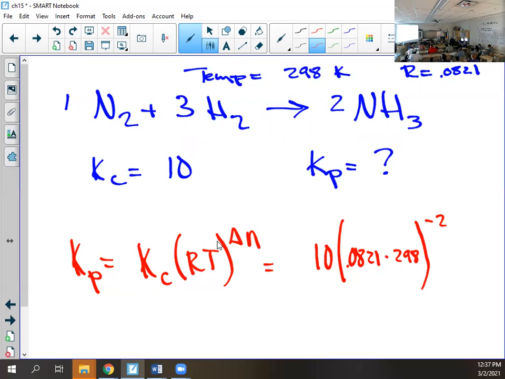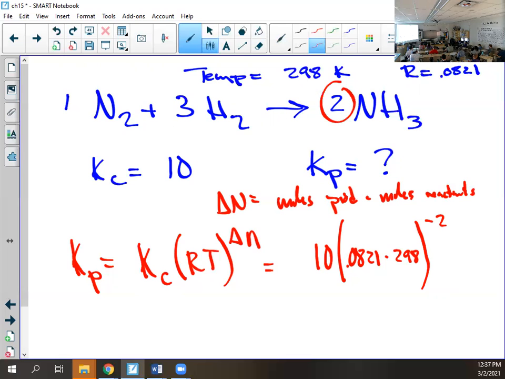Cooper, that's a great question. Oh, it's not a positive. No, it is a negative too. It's a negative. Okay, so the change in n equals the moles of products minus moles of reactants. The products, it was 2. They're all gases. I didn't write it, but when I wrote this, I meant it.